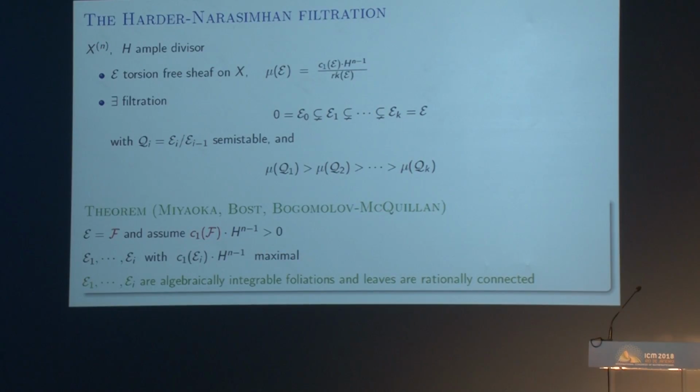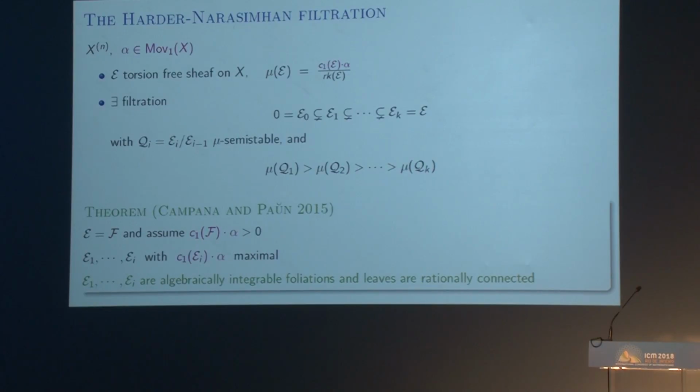So recently, there have been some developments, and instead of looking at slope with respect to an ample divisor, one can look at slope with respect to a movable curve class. Instead of measuring the degree with respect to an ample line bundle, what one can do is take a movable curve class. This is a class of 1-cycles inside the closure of the cone generated by movable curves.